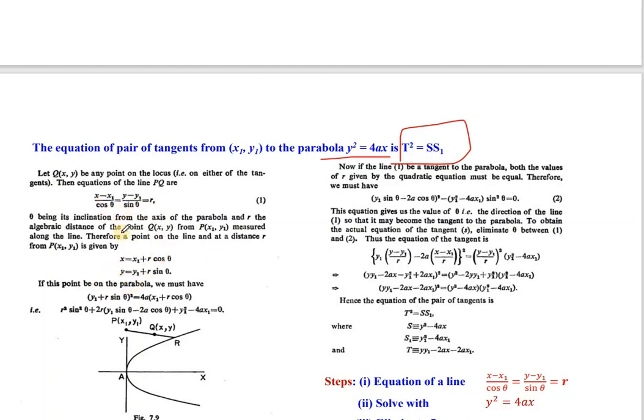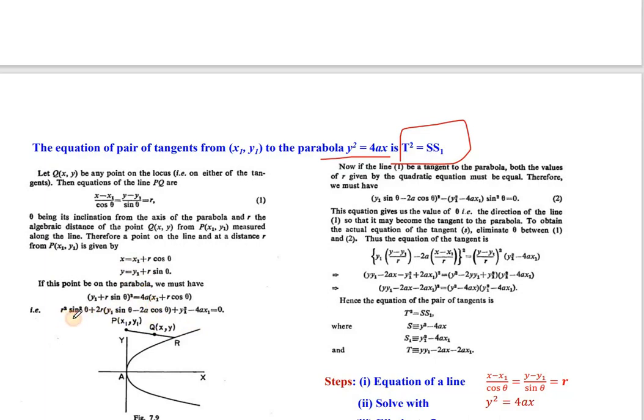Right, now from this we can get x as this and y as this. Now this point will lie on, see, we want this to be a tangent to this, so it has to lie on the parabola. Therefore we have to replace our y and x by these two quantities. So we have this.